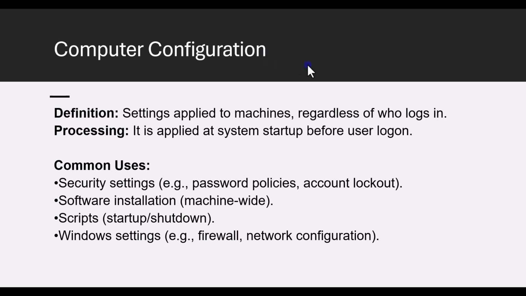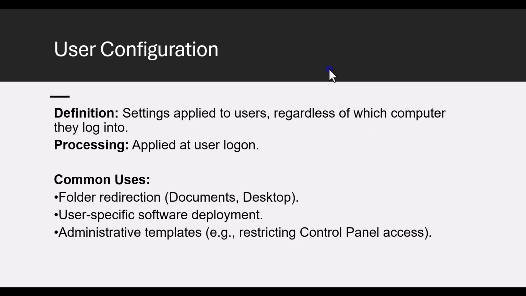And then we have what we call user configurations. These are settings that apply to users regardless of which computer they log into. So user configurations are applied on the user account, but computer configurations are applied on the computer account.